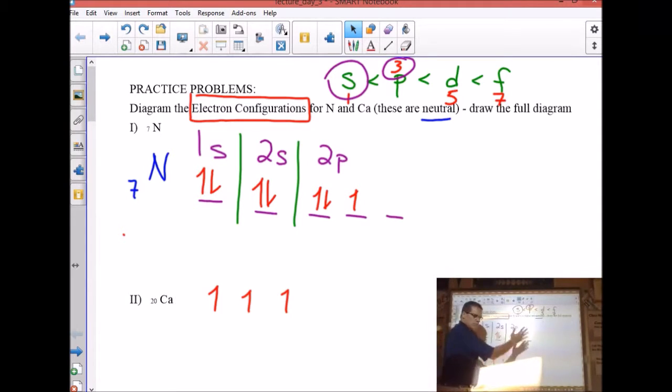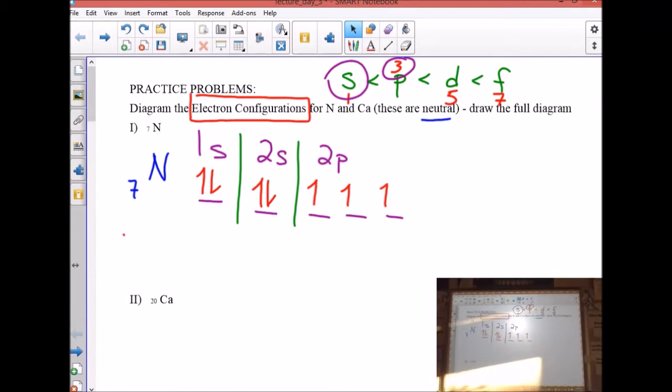Electrons want their own room if they can have it. So that is creepy. So drop one electron in each orbital before you go back and double up. Hopefully that wasn't too traumatic for some of you.